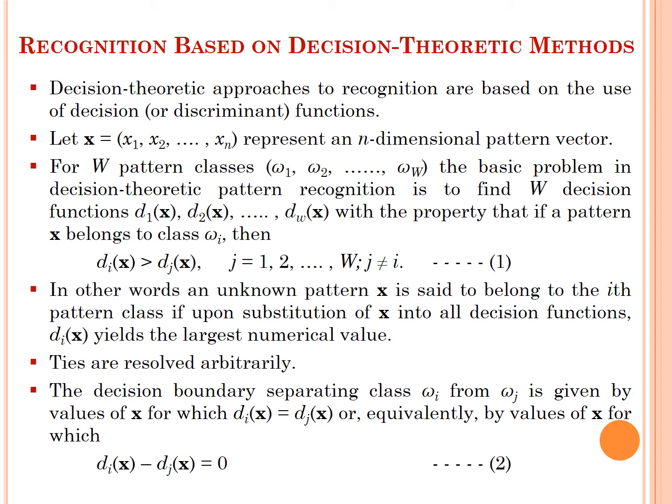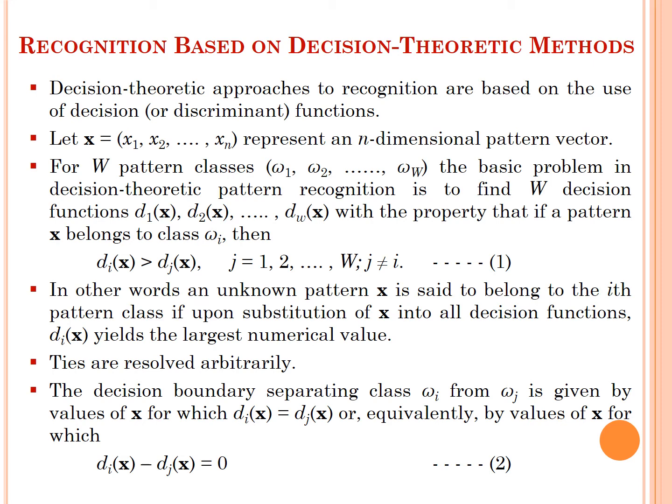Recognition based on decision theoretic methods. Decision theoretic approaches to recognition are based on the use of decision or discriminant functions. Let x equal to x1, x2 up to xn represent an n-dimensional pattern vector. Let there be w pattern classes, w1, w2 up to ww.